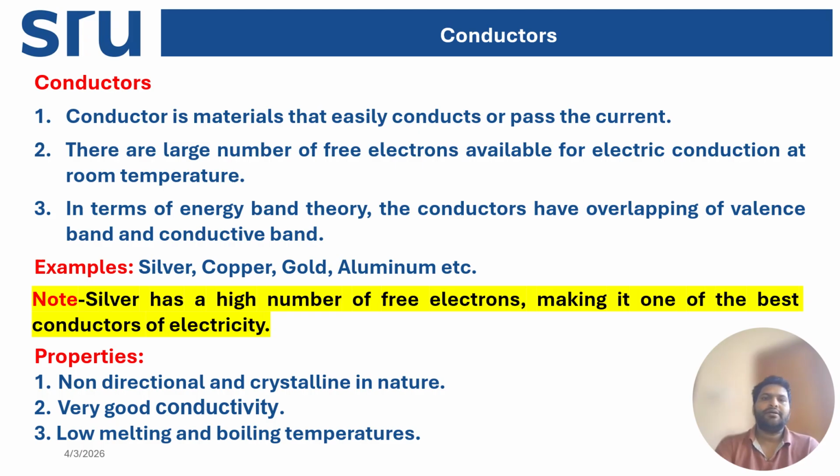Conductors are used in many applications including electric wiring, power transmission lines, printed circuit boards, connectors, switches and transformer windings. Without conductors, modern electronic and electrical systems would not function.